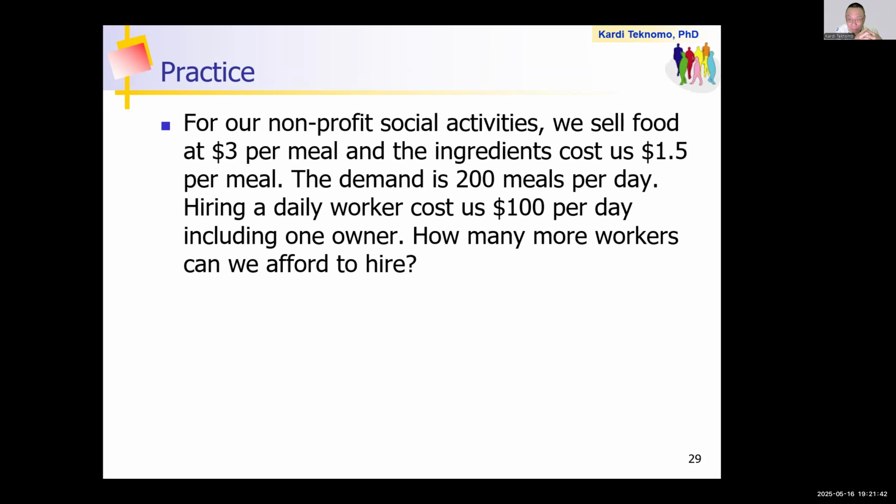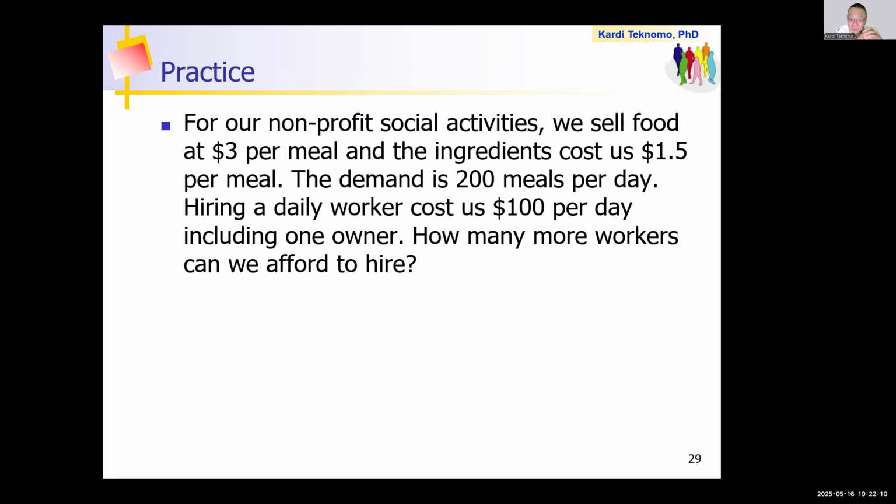So how do you know how many more workers? You need to get salary. Salary means fixed cost, so you need to get the fixed cost in here.